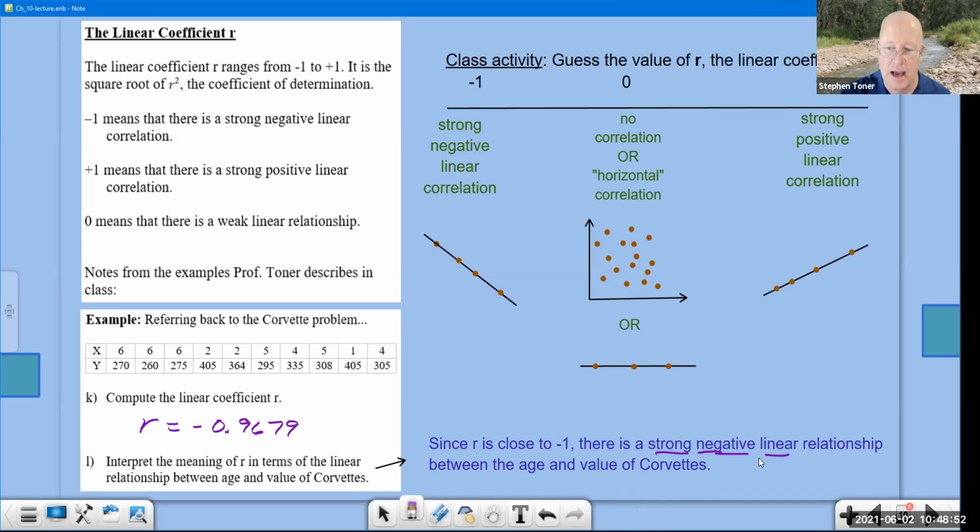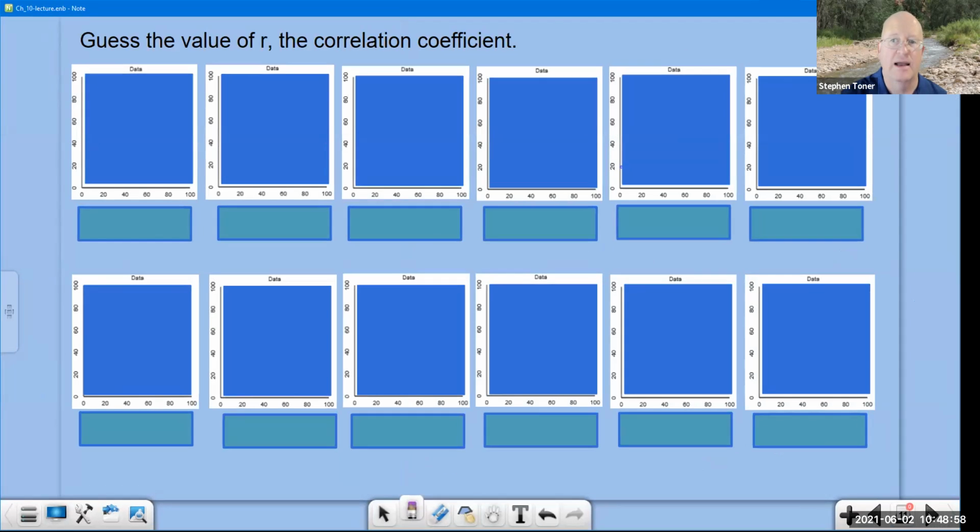Okay. Now let's continue on and do a little bit more with this value of R. I have a guessing game based upon the value of R. And after I've done the first few of these, I'm going to encourage you to pause the video and start making guesses on your own, because it kind of is a fun little game. So here we go.